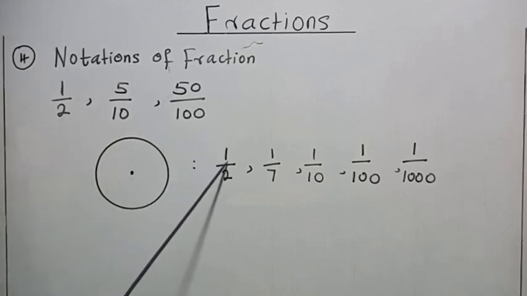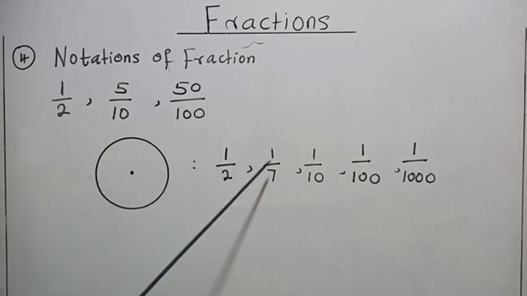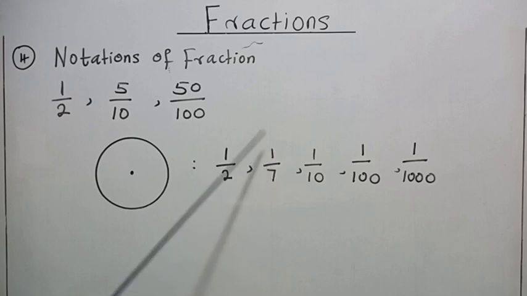This 1/2 and 1/7 are just two examples. If there are 2 persons sharing, divide it into 2, pick your own. If there are 7 persons sharing, divide it into 7, pick your own.